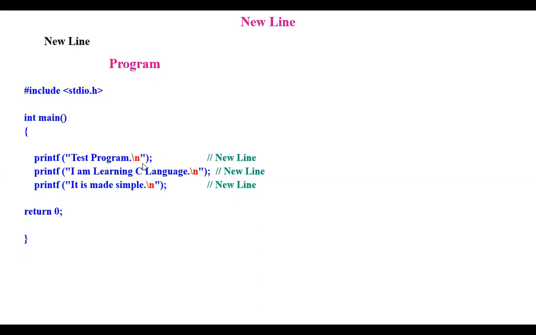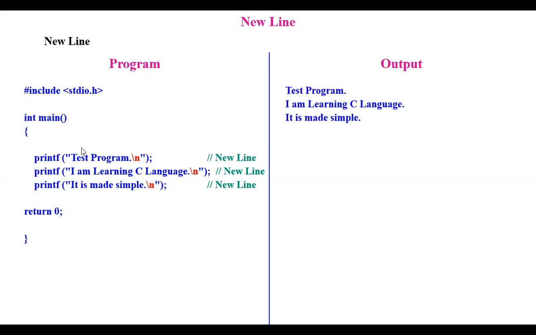Backward slash and n is the symbol for new line. So this new line is written within these double quotes. Within these quotes, I have written 3 new line commands. When it is executed, we get this in 3 lines. The output is obtained in 3 lines.